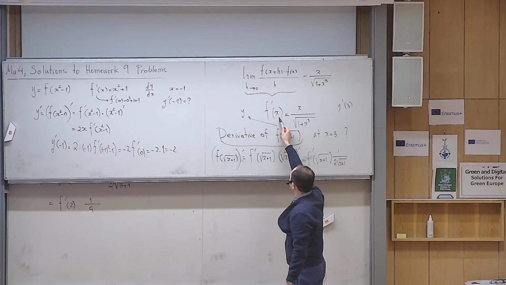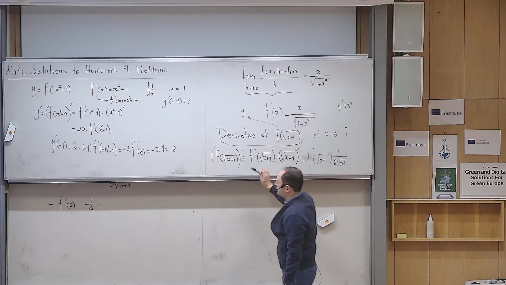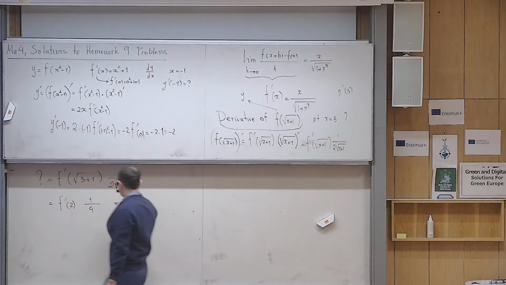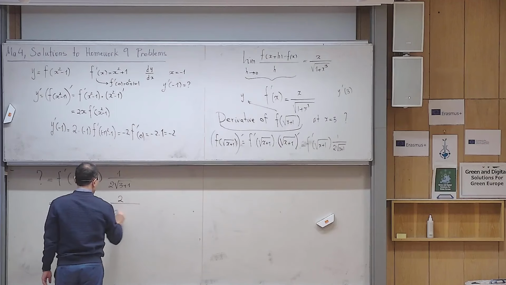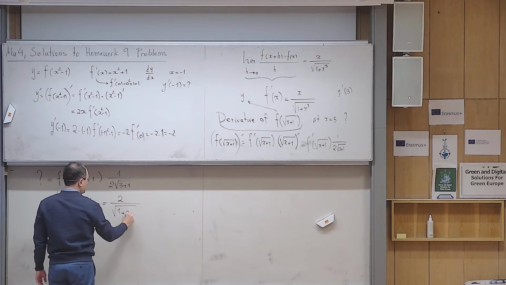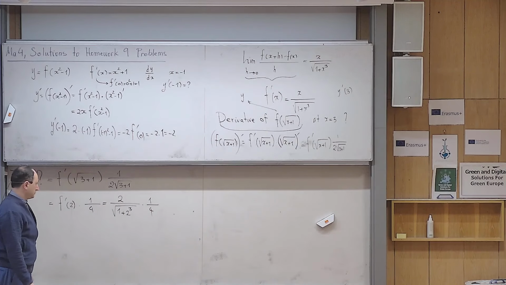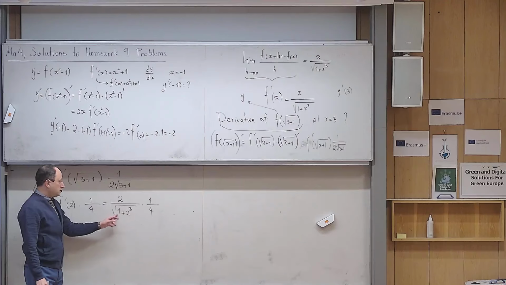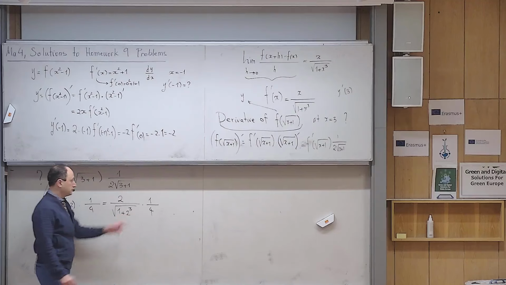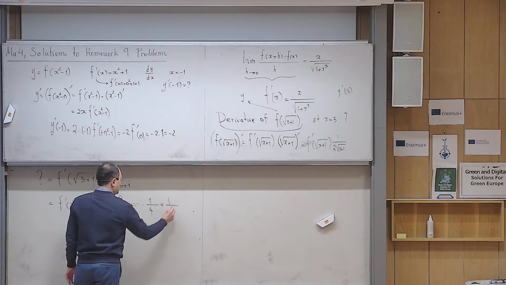This is f prime of x. I want f prime of 2, so I have to replace x with 2. So this becomes 2 over square root of 1 plus 2 to the power of 3, and then multiply by that. So this is 8 plus 1, 9. Square root of 9, 3. So 2 over 3 and 1 over 4. Is that 1 over 6?